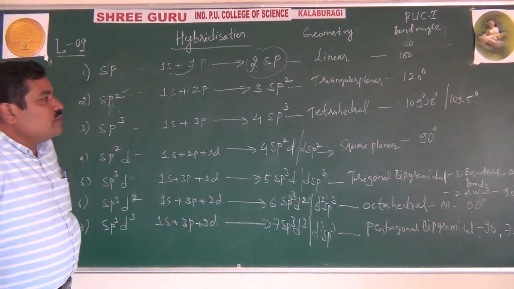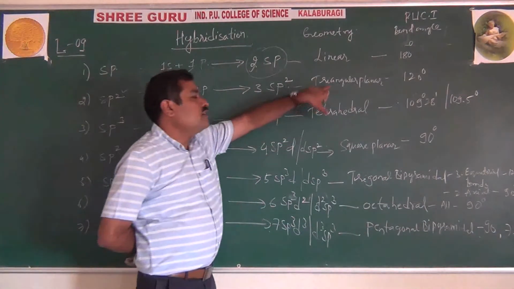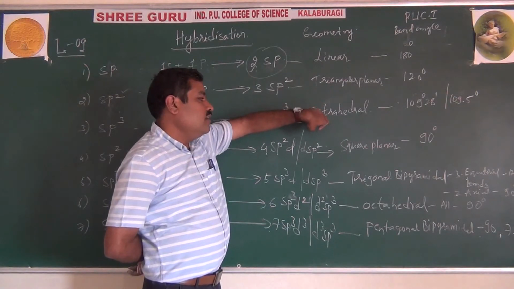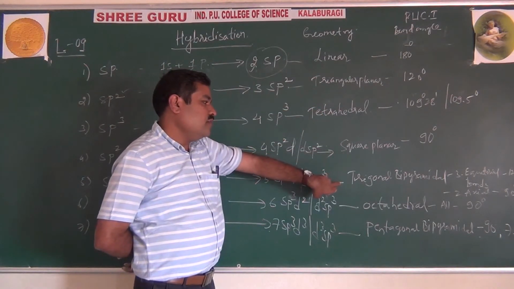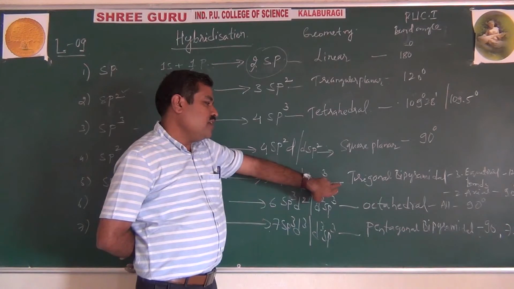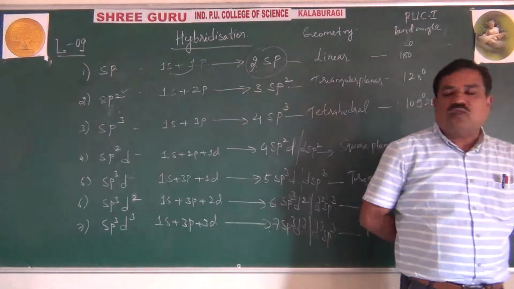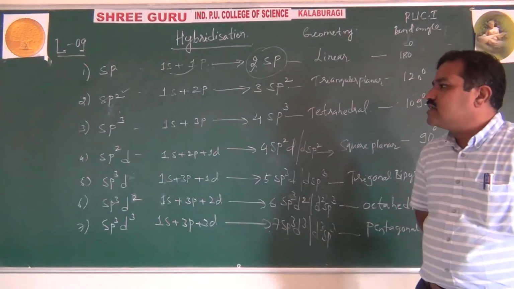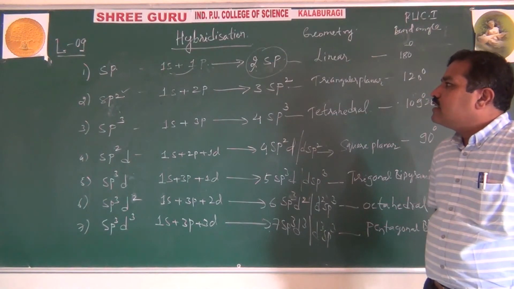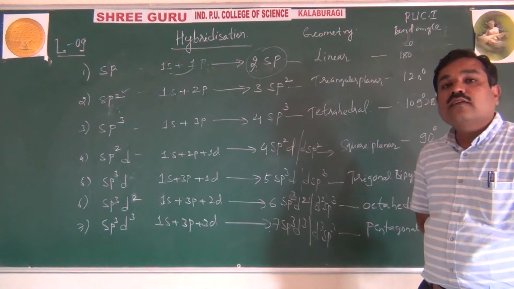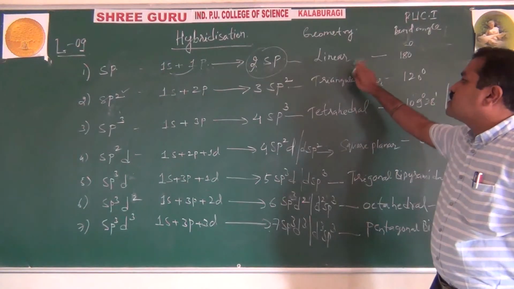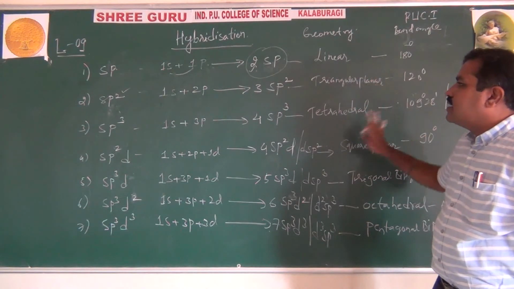Now I told you the fixed geometries: linear, triangular, tetrahedron, then square planar, trigonal bipyramidal, octahedron and pentagonal bipyramidal. Now I will show you the geometry also one by one, while discussing in detail the shapes and how they form. This table will help.